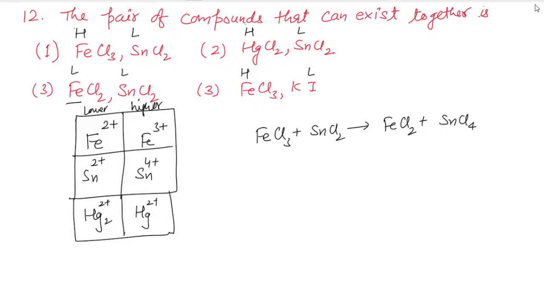That means in first, second and third there are higher and lower oxidation states. So a redox reaction can take place. One can increase the oxidation number, the other decrease. But if both are in lower oxidation state, they will never react with each other. And so the third option is correct.